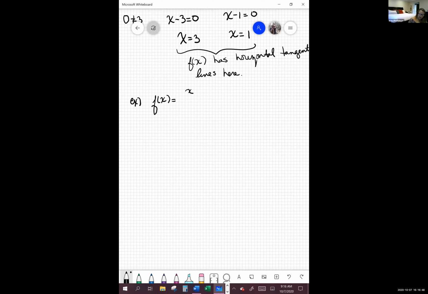We have x all over x squared plus 4, raised to the 4th power. So we're going to need to use our quotient rule, and we're going to need to use the chain rule when we take the derivative of the denominator.